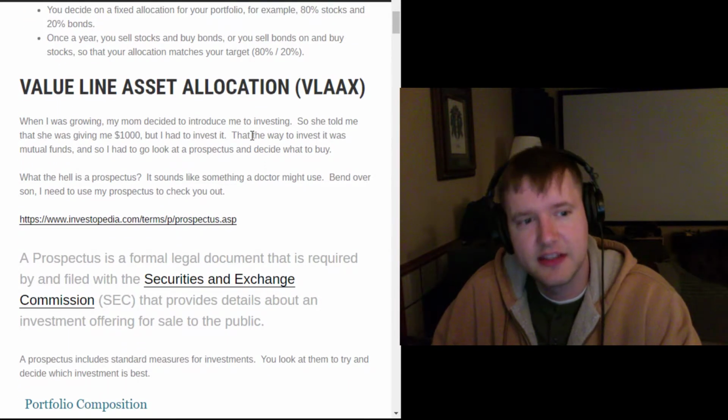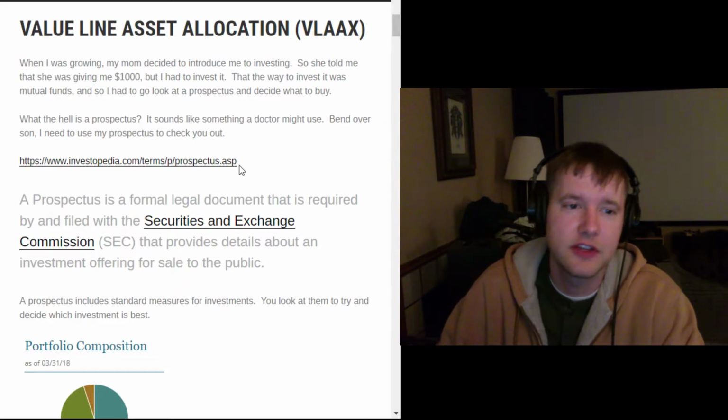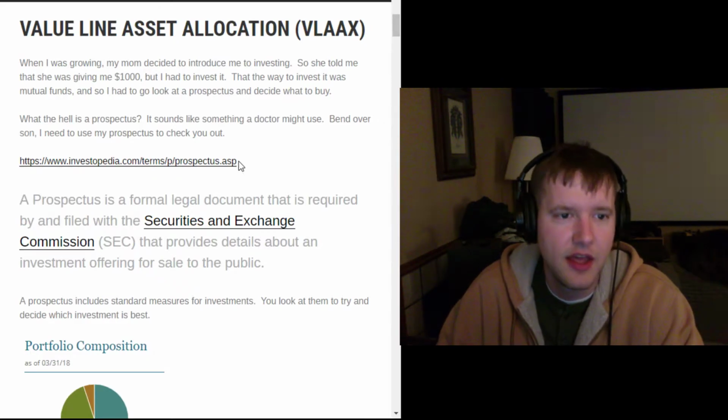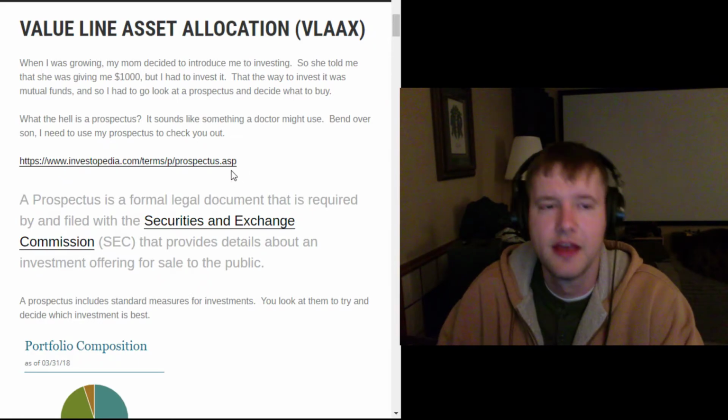A prospectus is a formal legal document that is required by and filed with the Securities and Exchange Commission that provides details about an investment offering for sale to the public.